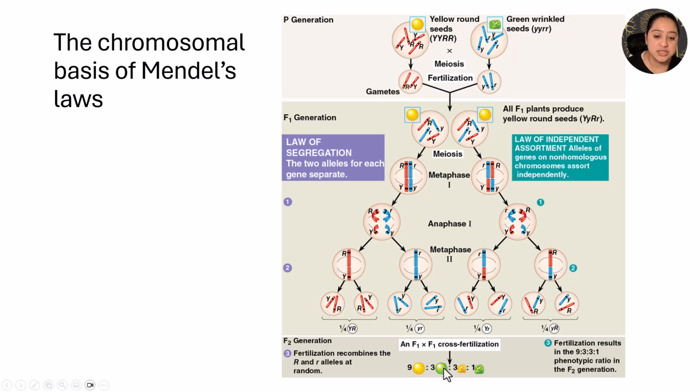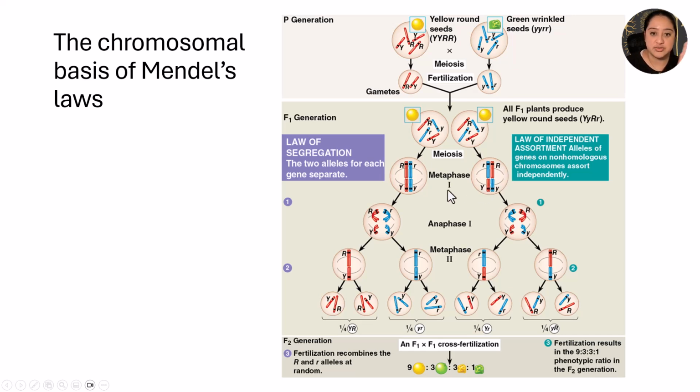But it's also still the case that you're gonna have some of the other combinations because there's gonna be some that are green and smooth and round. But then you also see the other ones because of this. Like they could assort independently of each other so that the dominant for this one is on this side. And then the dominant for this one is on this side.